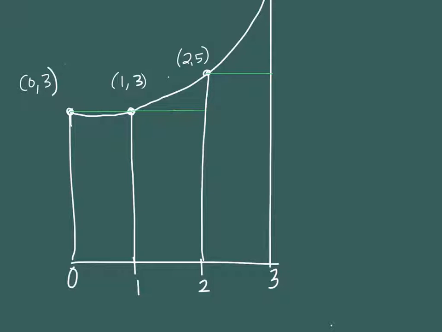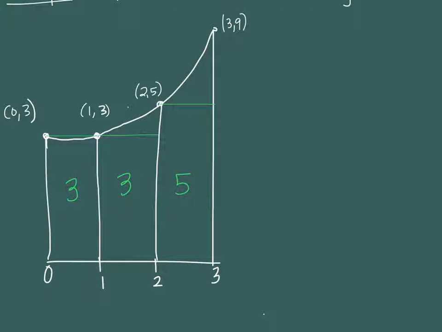We're going to determine, using our LRAM, the base times height for each rectangle. So we're going to have an area of 3, and an area of 3, and an area of 5. 3, 3, 5. So our LRAM value is going to be 11.